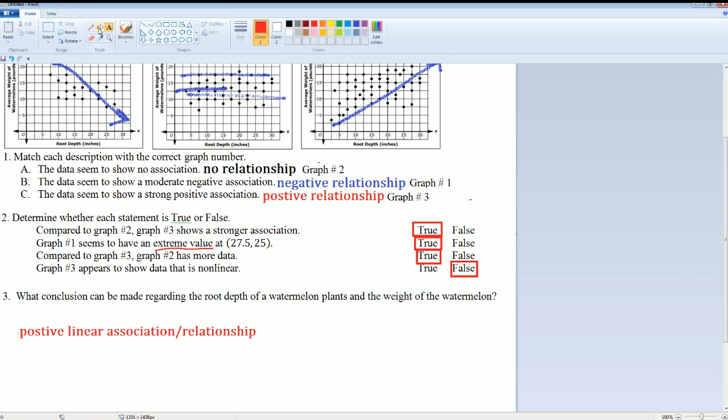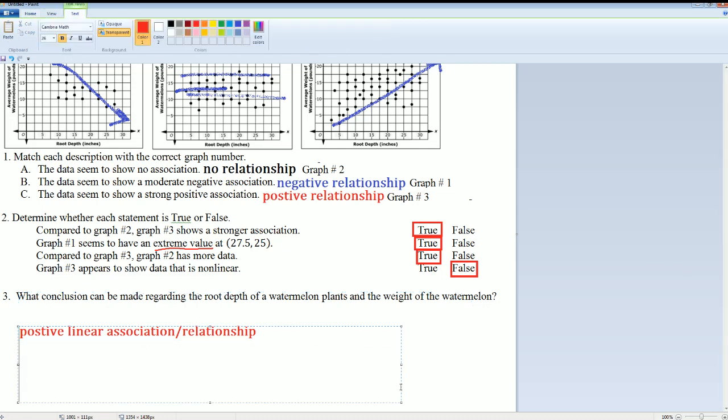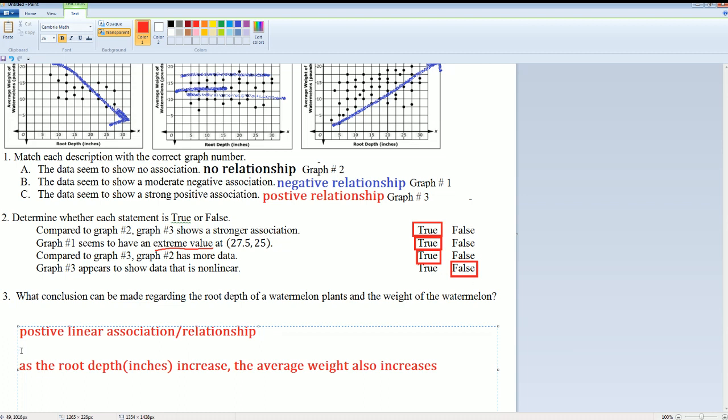Then you could also say that as the root depth, which is in inches, increases, do you see how it increases? 5, 10, 15, 20, 25, 30, 35, the average weight also increases.